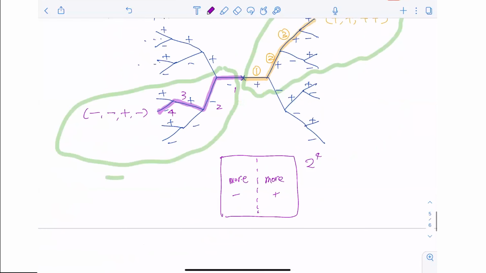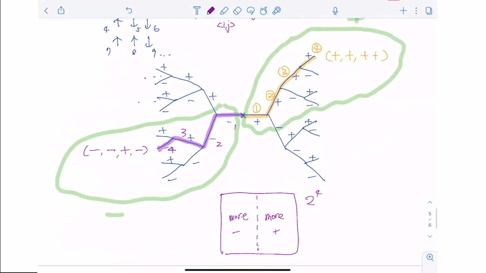Okay, so the idea is that for this 4-spin configuration, we can explicitly show by this tree structure that we have two branches of spin configuration. But when the system size is larger and larger, you'll see that this tree will grow to be exponentially large.